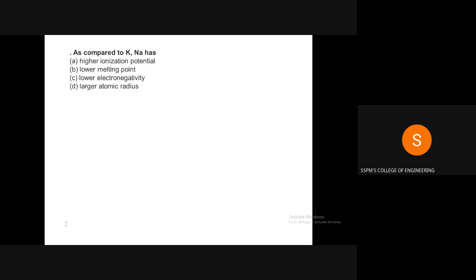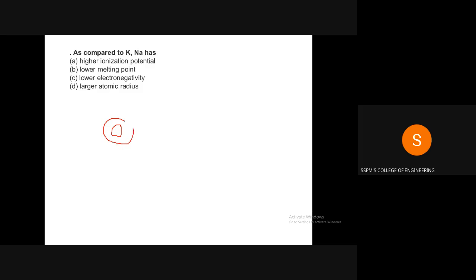Next question is, as compared to sodium and potassium, which is the correct statement? Potassium and sodium: lower melting point, higher ionization potential, lower electronegativity and larger atomic radius are the options. Sodium has higher ionization potential.